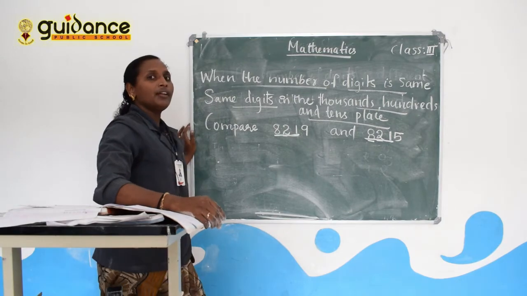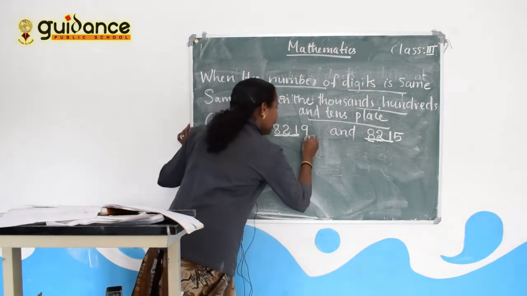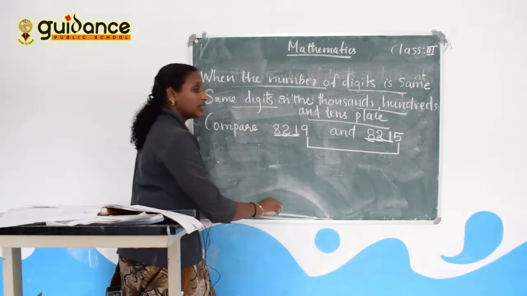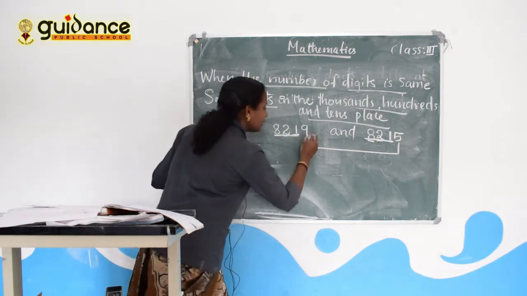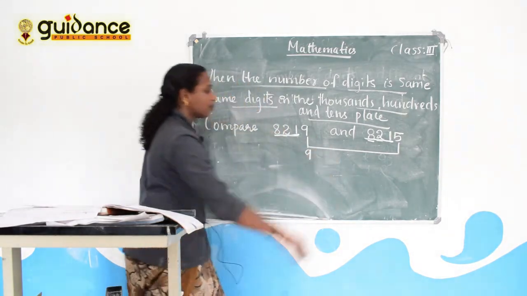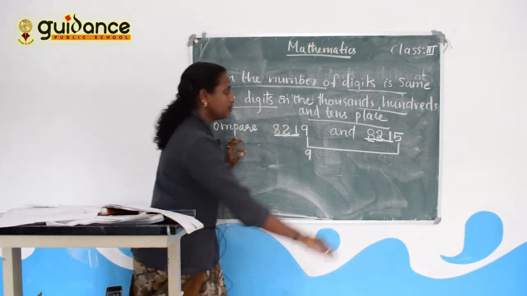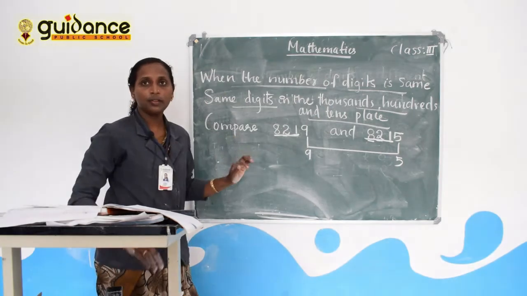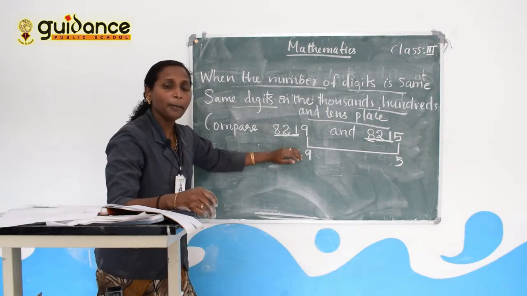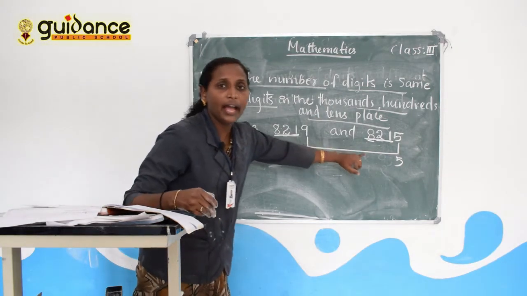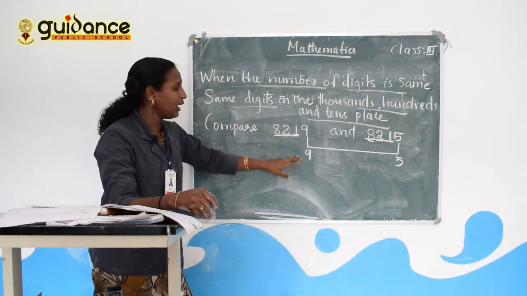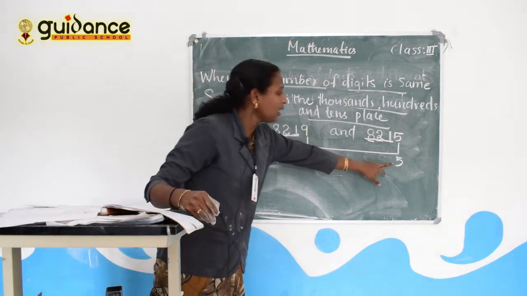Then we will compare the last digits only. What is the last digit? That means the ones place. Here the ones place is 9, and here the ones place is 5. So we will compare only 9 and 5.